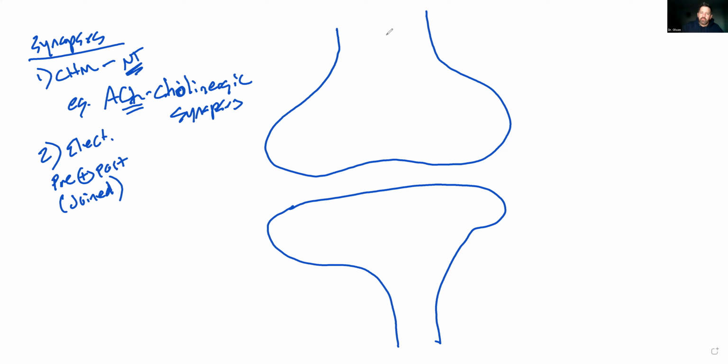If we're talking about a cholinergic synapse, there are a lot of things going on in the axon terminal. The axon terminal has a lot of enzymes, and a lot of synthesis going on, a lot of transmission. We have synthesis, transmission, packaging, and recycling.